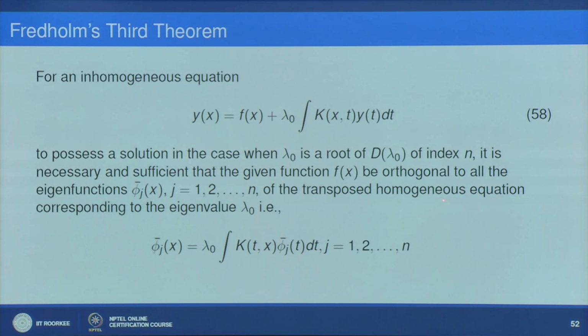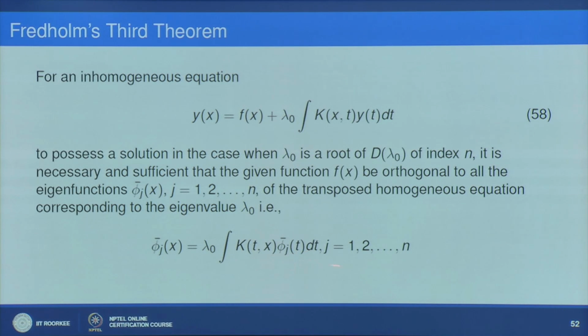What is the transpose homogeneous equation? It is that phi j bar of x is the solution of the equation lambda naught integral from a to b of k(t,x) phi j bar(t) dt. If you remember, the homogeneous part is lambda naught k(x,t) y(t) dt, so the transpose equation is lambda naught k(t,x) phi j bar(t) dt.